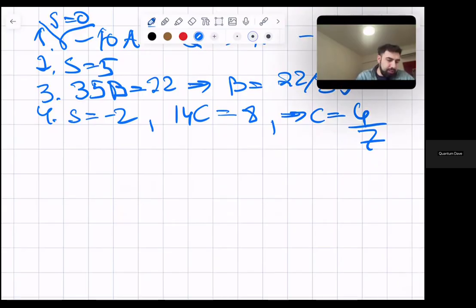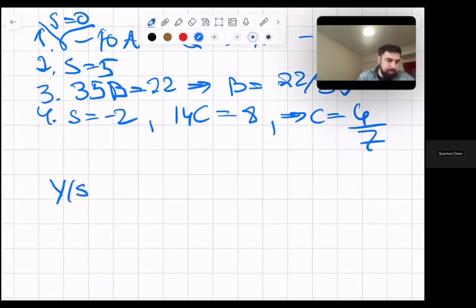And now the idea is to perform the inverse Laplace transform on this Y(s) term.